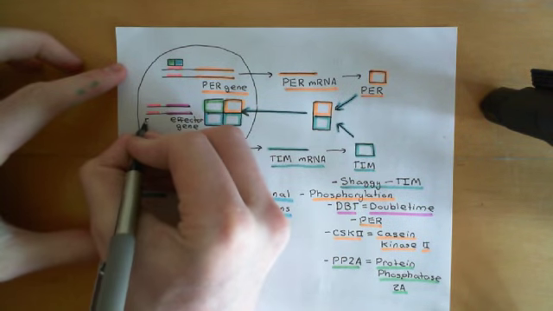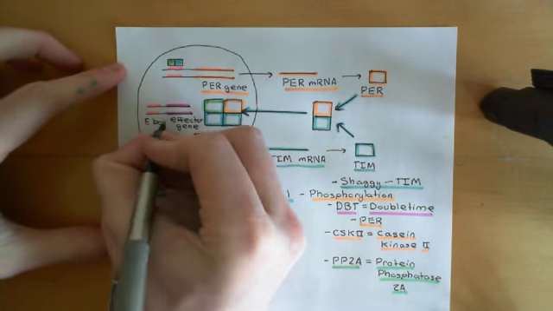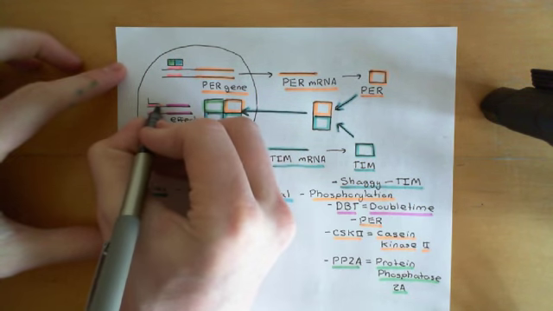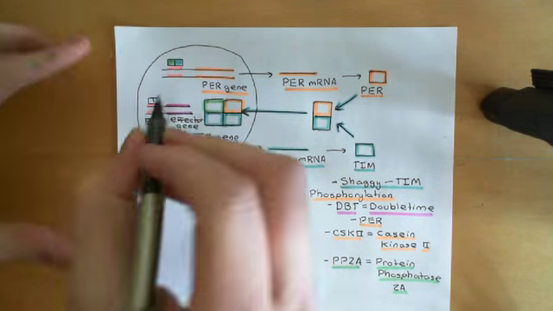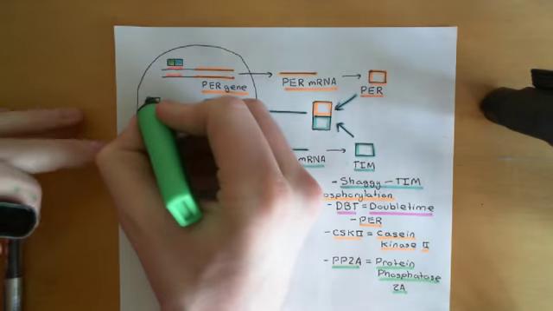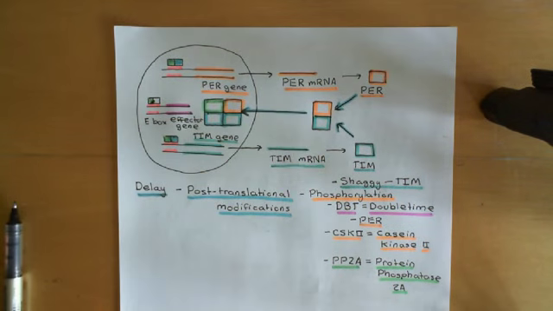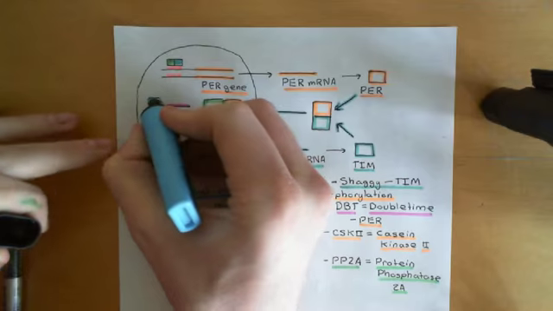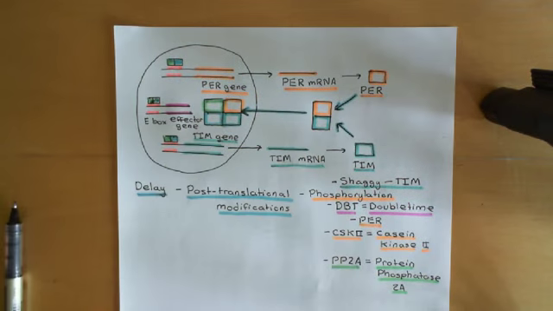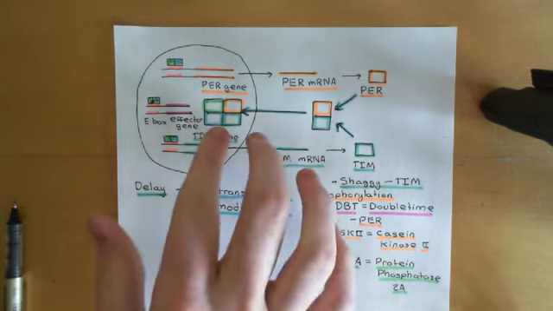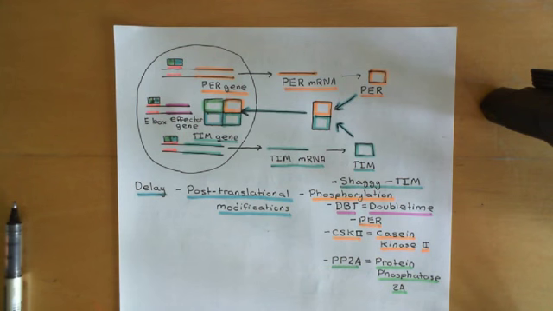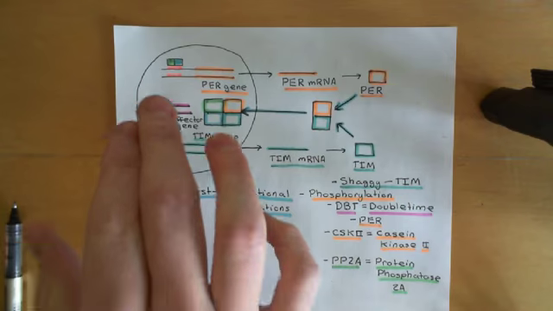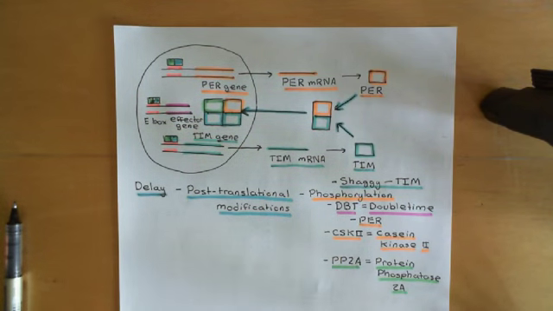Okay, and then from 8 a.m. all through the day till 8 p.m., you're going to have clock cycle heterodimers being free in the nucleus. And these clock cycle heterodimers will be binding to that E-box and promoting the expression of that effector gene, so that the effector gene's level is going to be high during the day, and then at the night, because the period and timeless heterodimers have entered the nucleus, you're going to be getting the inhibition of clock cycle heterodimers, and therefore the expression level of that effector gene will drop.